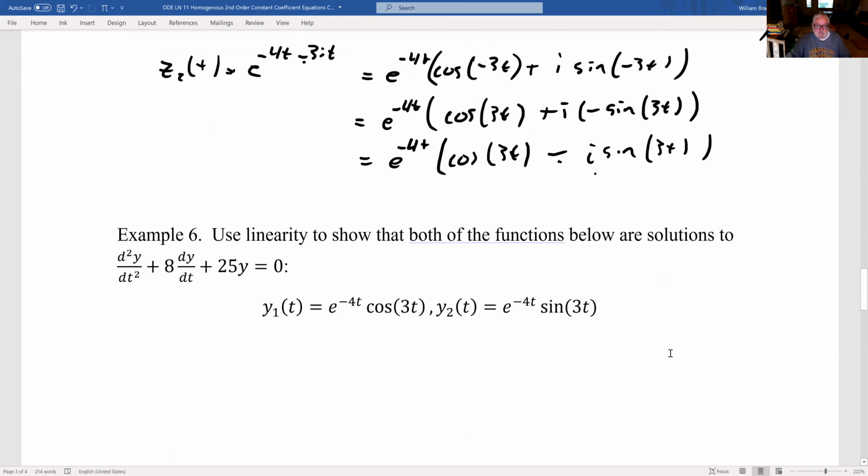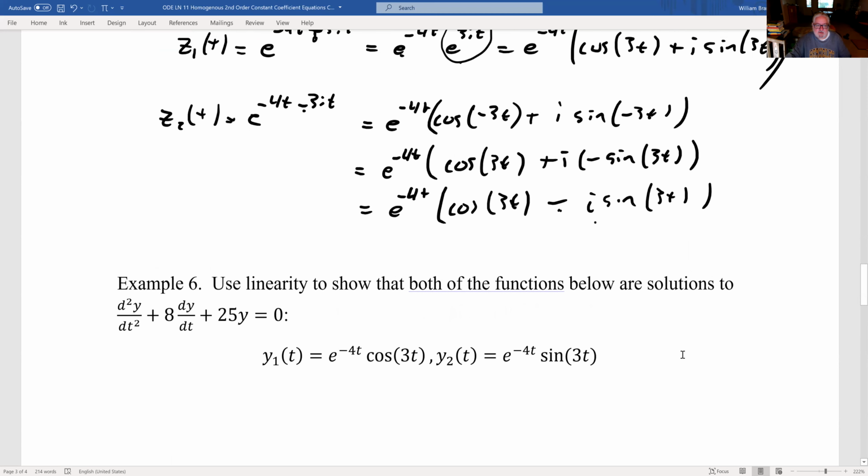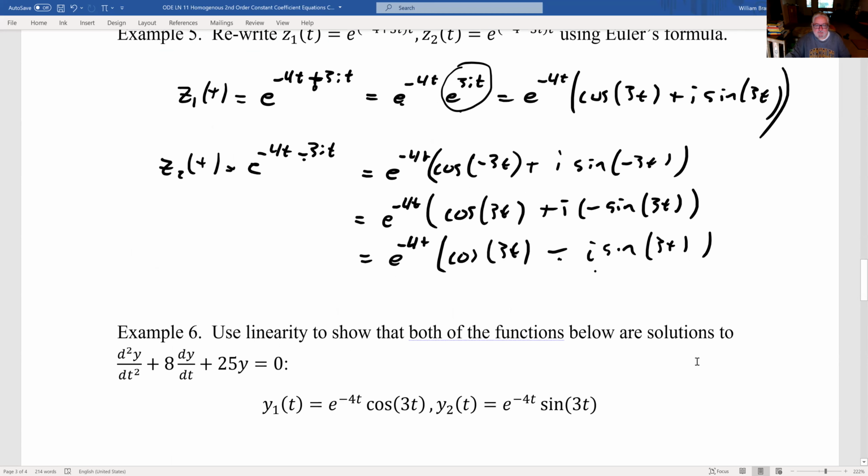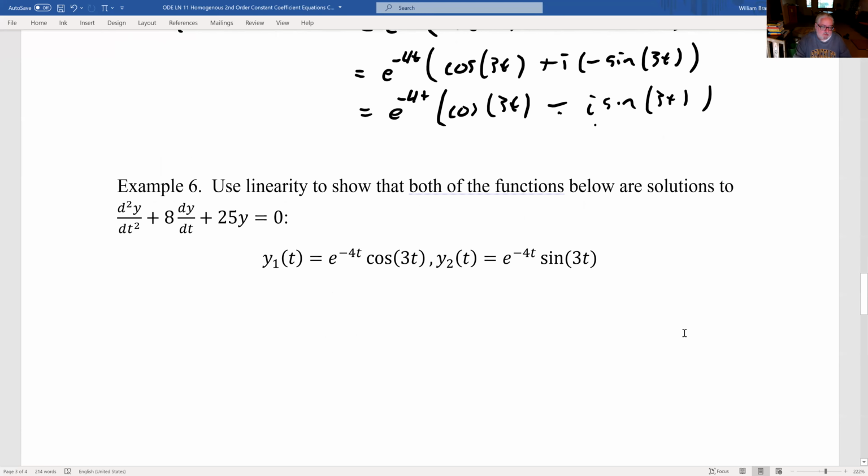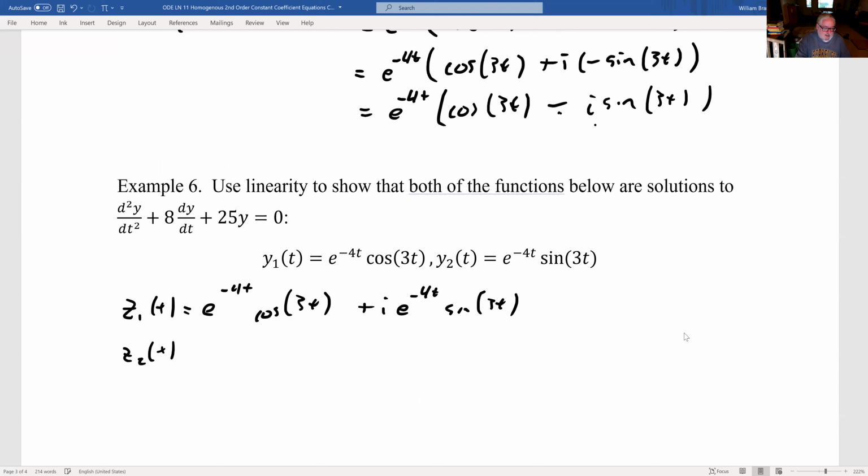So why are these two functions both solutions to this differential equation? Well, z1 of t, if we multiply it out, is e to the minus 4t cosine 3t plus i e to the minus 4t sine 3t. z2 of t, if we multiply that out, would be e to the minus 4t cosine 3t minus i e to the minus 4t sine 3t.